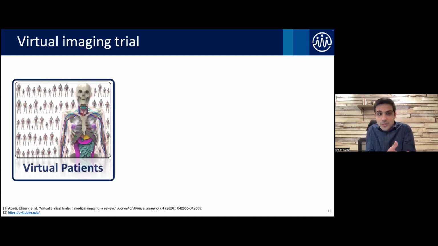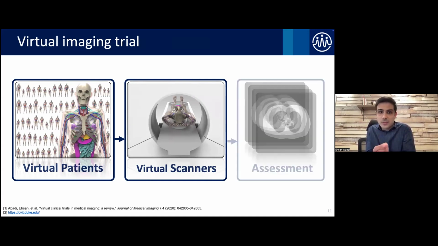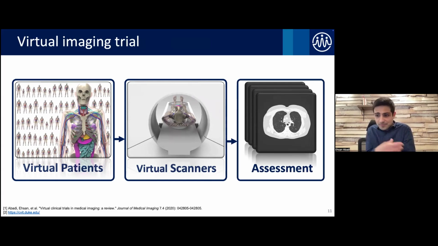In a virtual imaging trial, we create this population of patients, we mimic their anatomy and physiology, we image them with a model of scanners, mimicking the geometry, acquisition, physics, post-processing, and image formation of a particular scanner that we want to study. And then with that, we have a mechanism in which we can do our imaging experiment.